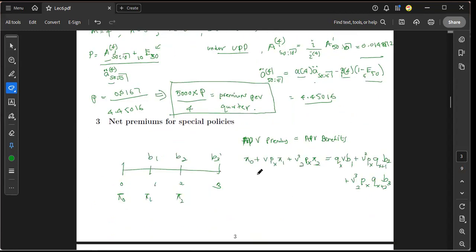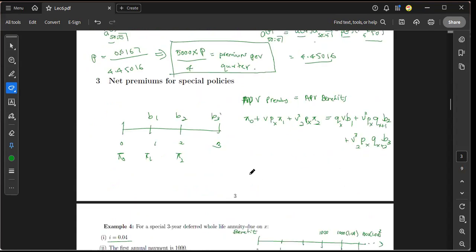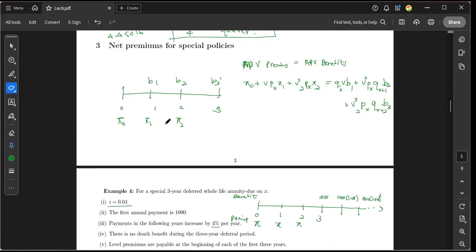But always we consider under this equivalence principle, the actuarial present value of the benefit is equal to the actuarial present value of the premiums. And in this special case, we can have different amounts of benefits and different amounts of premiums throughout the year. So then we have to stick to the fundamentals and derive it from scratch.